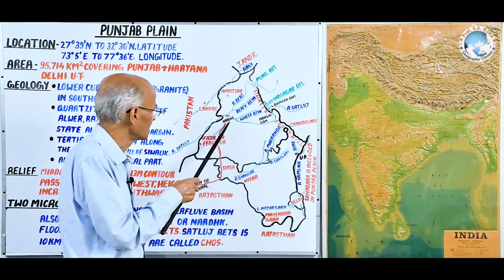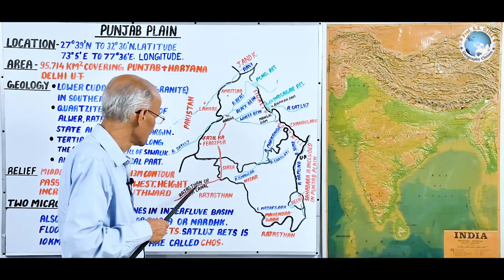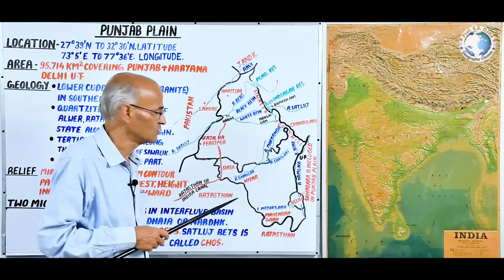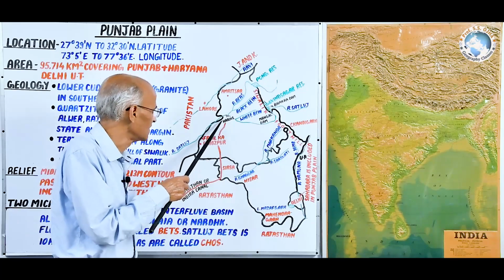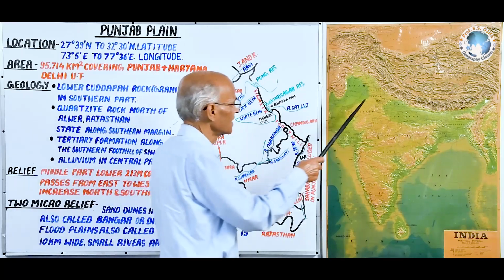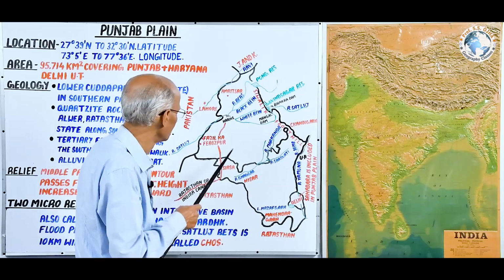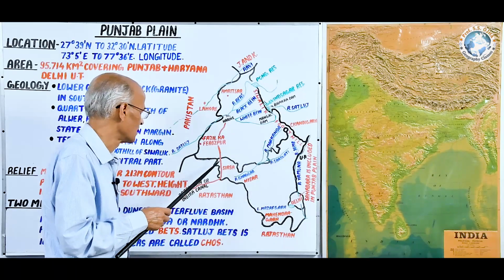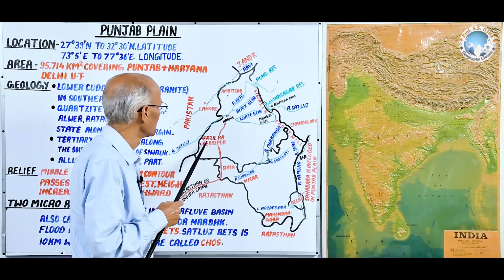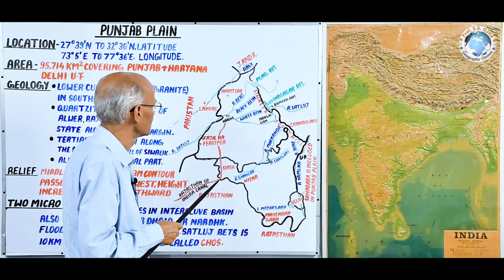And from Harike barrage, a canal named Rajasthan Canal or Indra Canal has been taken out, which runs nearly parallel to the border and supplies drinking water and irrigation water for Punjab state and especially the Rajasthan state. And from Fazilka and Firozpur, this canal passes southward.